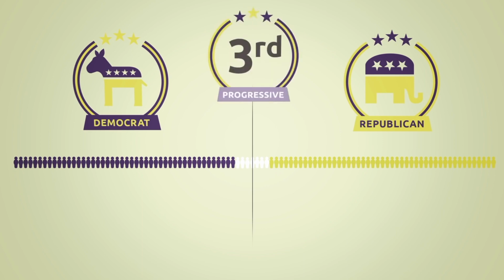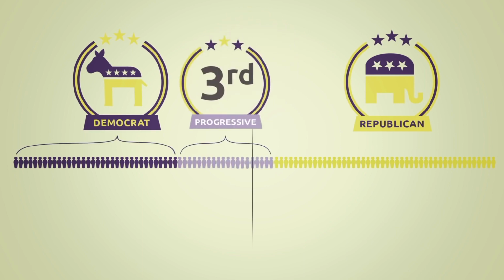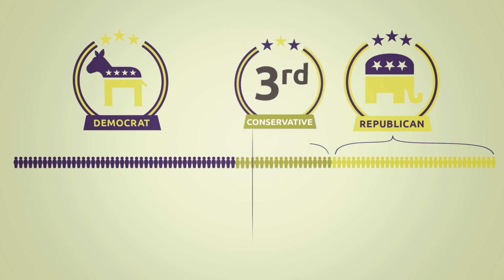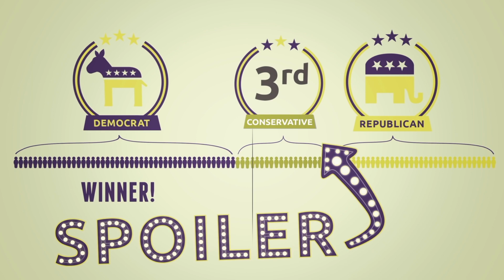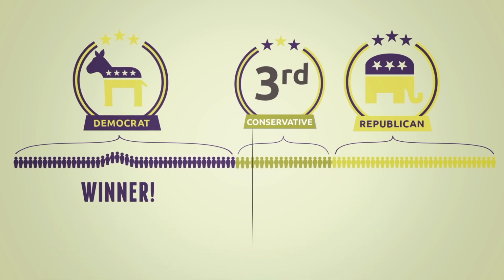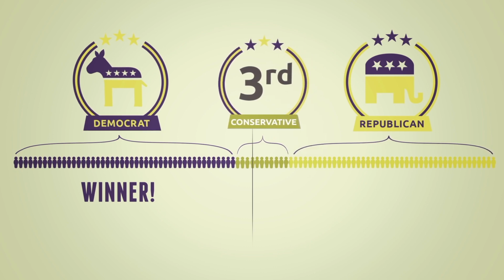If that candidate is progressive, the progressive vote is split between two good candidates, and the conservative wins. If they're conservative, their vote is split, and the progressive wins. Voters get that by voting for that third-party candidate, they make it more likely that their least favorite candidate is going to win. So rather than voting for the candidate they like best, most voters choose the lesser of two evils.